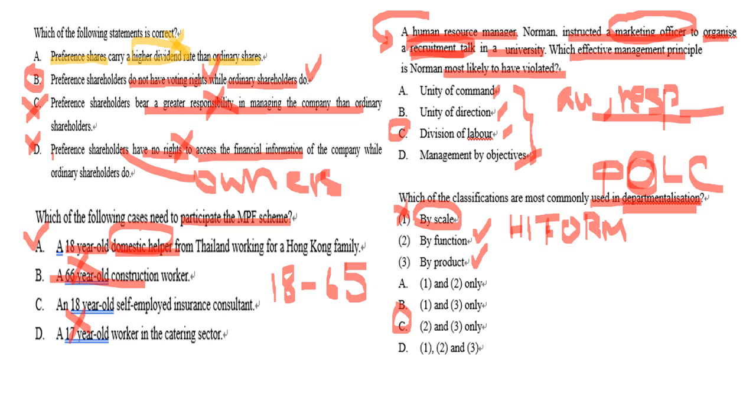We can make use of function, just like if the firm is large enough, we can separate different departments by different business functions, or by product, just like a department to produce TV sets, or another department to produce mobile phones and something like that.